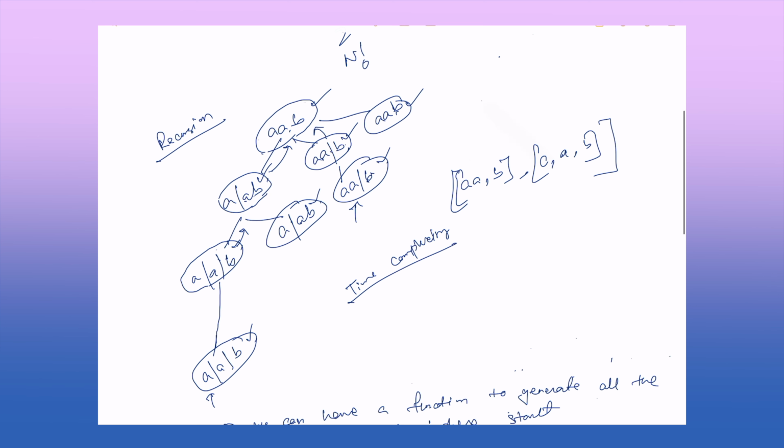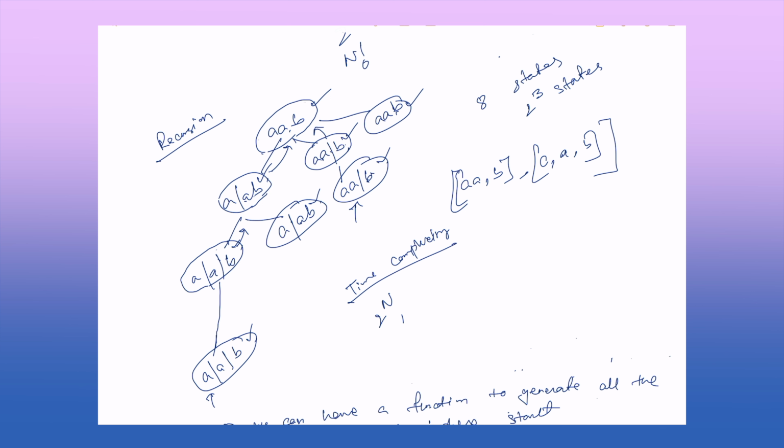So 8 states, which we can say as 2 to the power 3 states. So then time complexity becomes 2 to the power n, right?